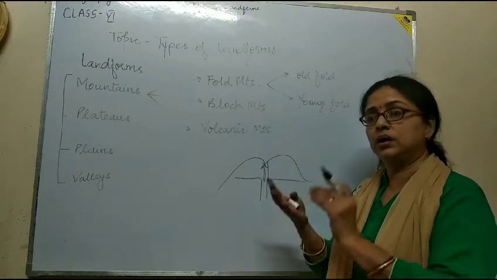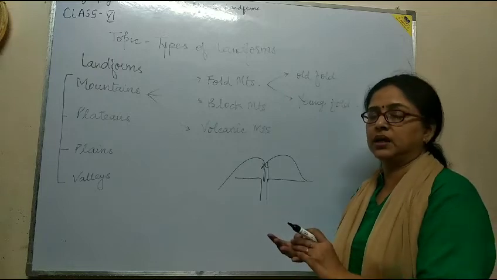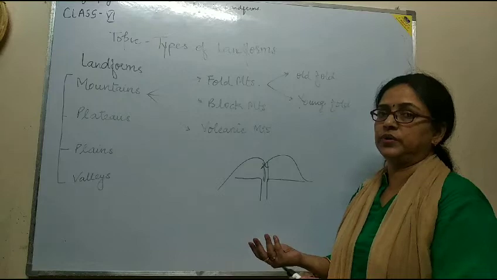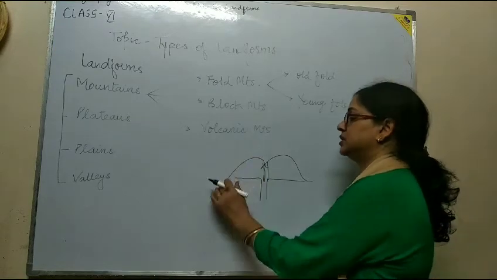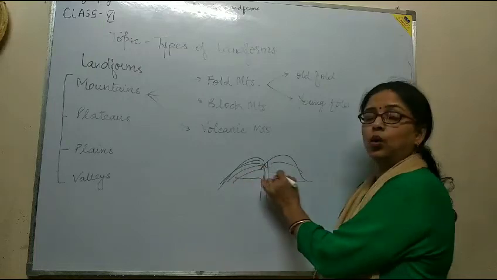Along with the magma and lava, cinder, ash and many particles come out at the time of volcanic eruption, and they start to settle beside the vent.